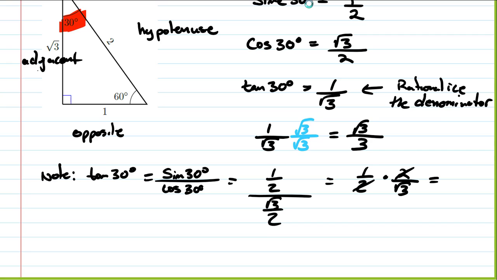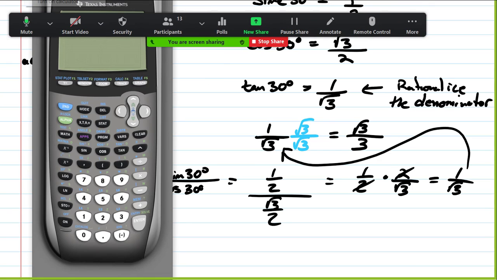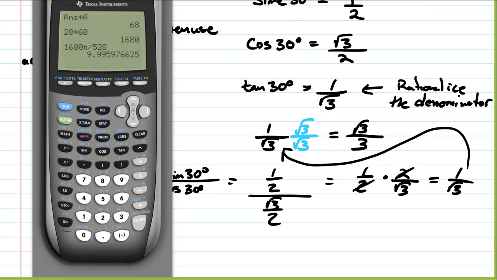Our 2's reduce out, and we get 1 over the square root of 3, which is exactly the same thing we had here. So either way, we get that same value, which would then rationalize to the square root of 3 over 3. So it's worth noting that that's really just two different ways to write the same thing, right?